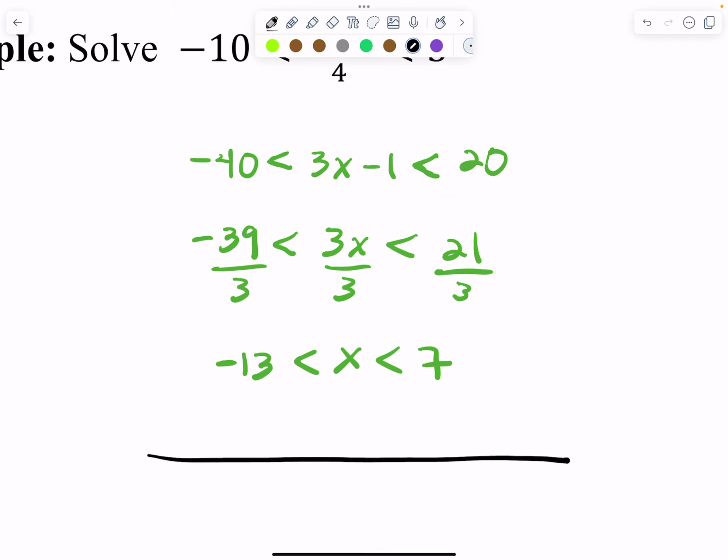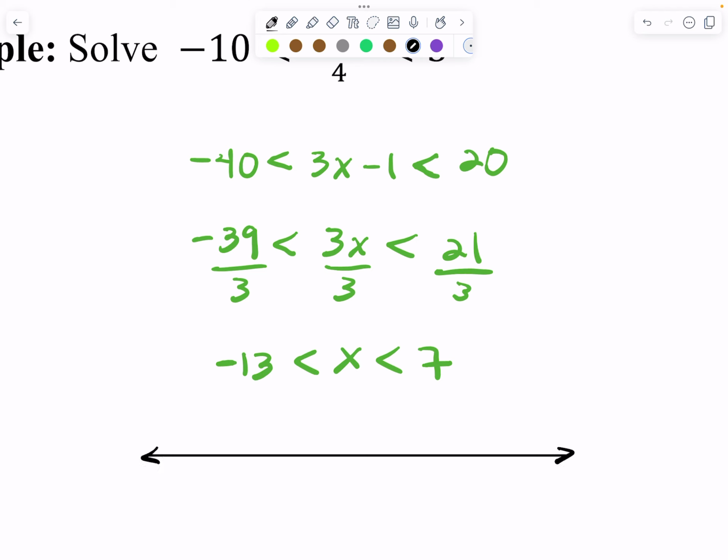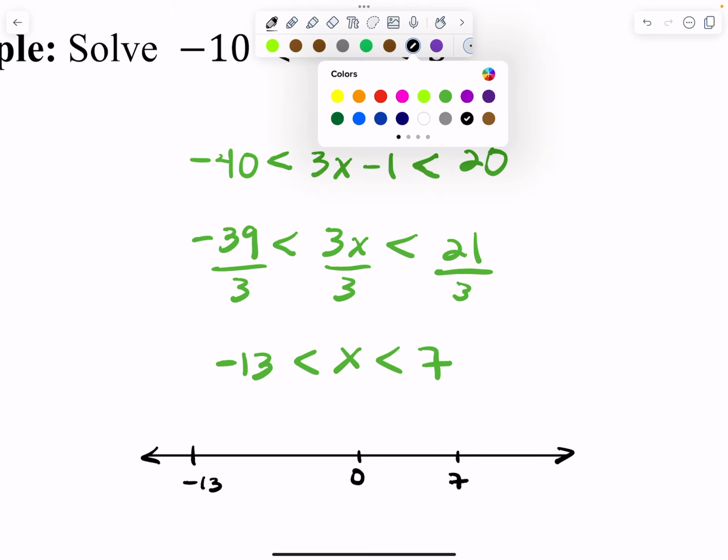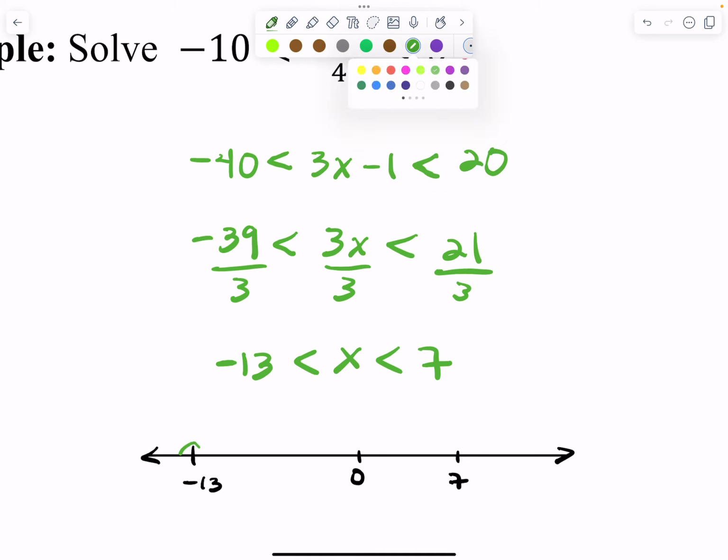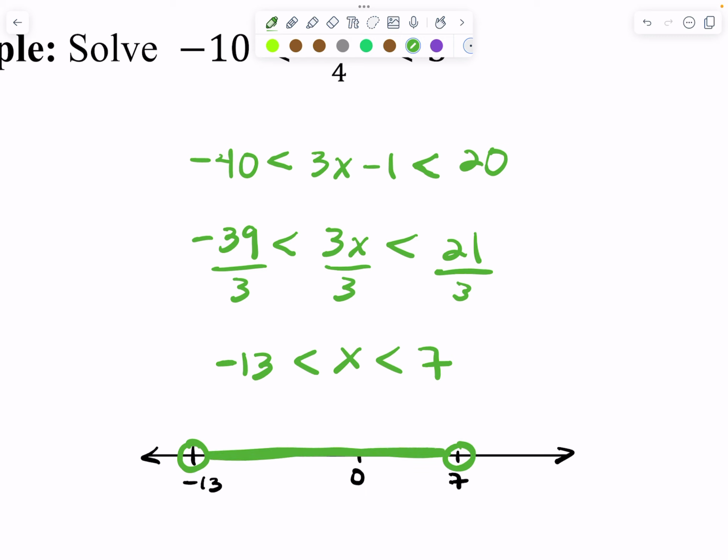Okay, so thinking about our number line. So -13, say 0's over here and 7's here. So open circle on both -13 and 7. And with these and statements we end up shading in between.